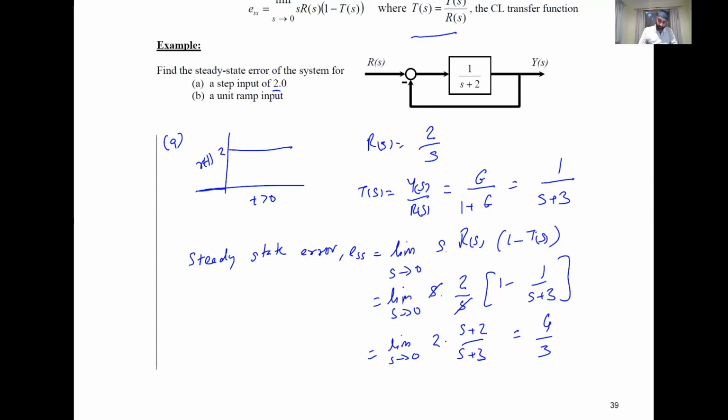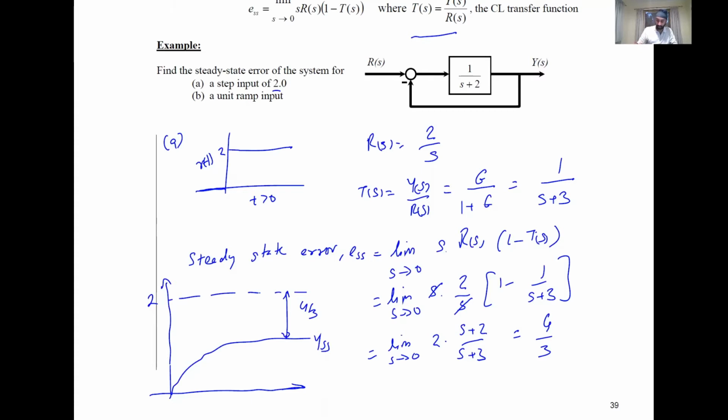So I can tell that in this case, when I apply a constant input of 2, starting from time t equal to 0, my output response is going to have some transients, and then it will settle down at a steady state value y_ss such that this y_ss is 4 by 3 lower than the value of 2.